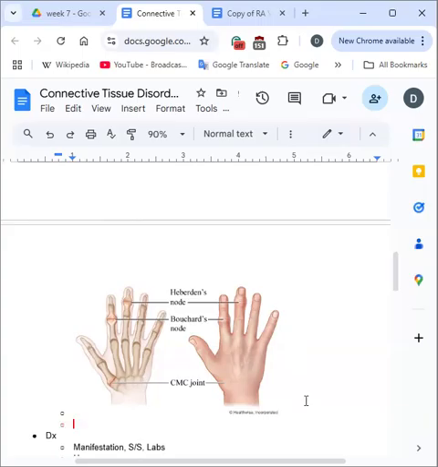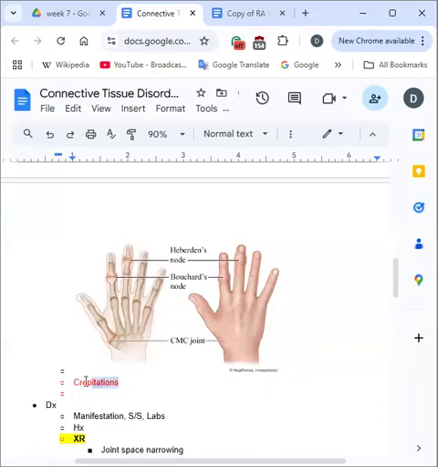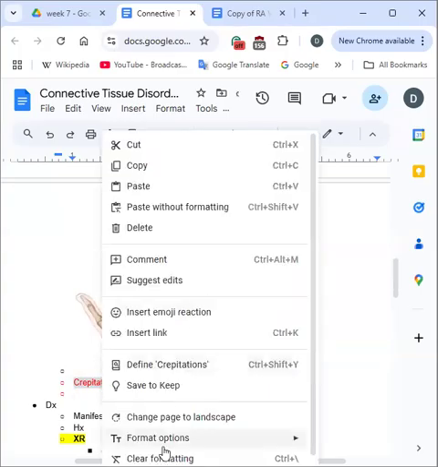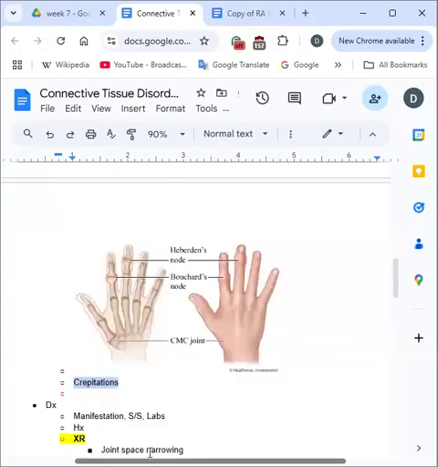Some other ones that we mentioned are the crepitations, and why this one's related. Crepitations, decreased range of motion.